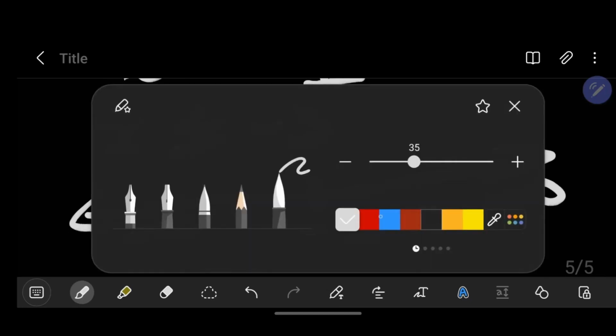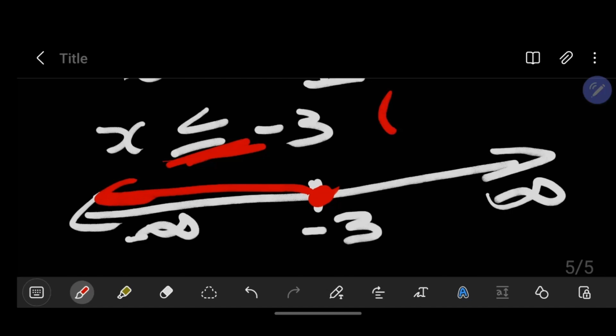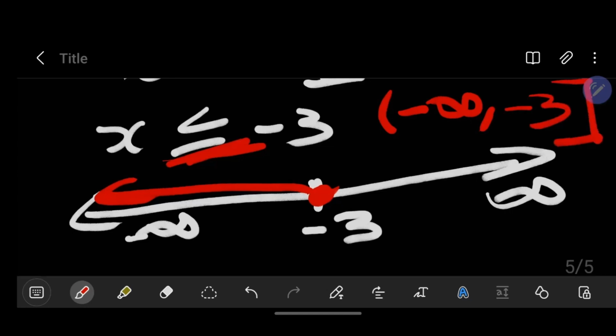We can see that we need to include minus 3 because of the equal to sign. We will then include minus 3 and move all the way to infinity. So in order to show this, we would represent it as smallest number first, so negative infinity to minus 3. However, we will show this with a square bracket, as we are including minus 3.